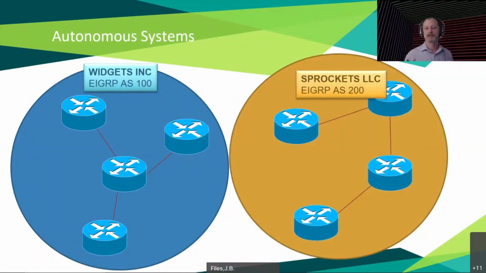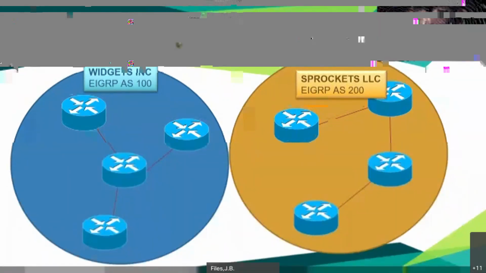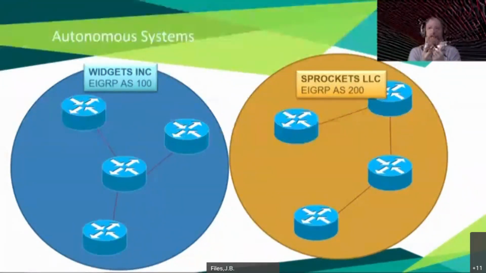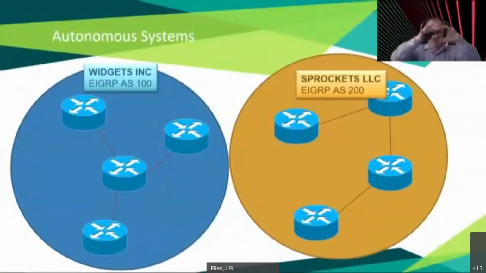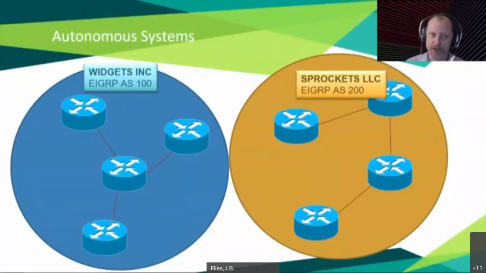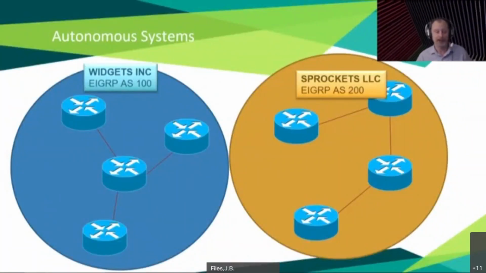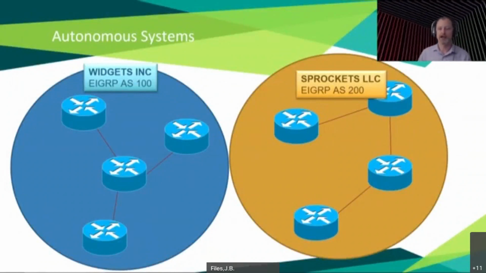Okay, so remember the autonomous system is a common routing domain. So one kind of administrative authority has control over a group of routers. I know that's kind of a weird way to say it, but sometimes it can be separate companies or separate departments.